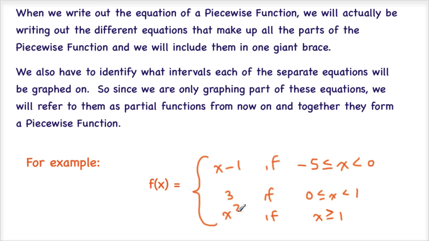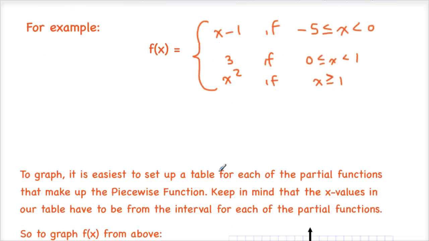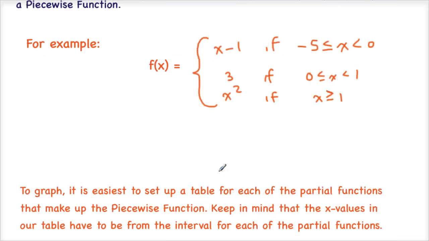They're not separate functions on their own, they're just combined together to make this one function f of x. Okay, so if I want to graph this, the easiest thing to do is to set up a table for each of the partial functions that make up this piecewise function, and just keep in mind what x values we can have in our table.